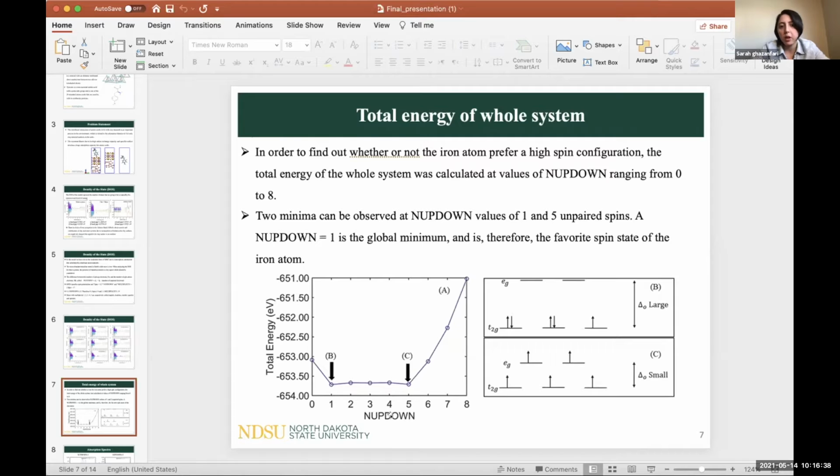This is the number of unpaired electrons. So the global minimum is when the number of unpaired electrons is equal to 1, and I think 5. Yes, 5 and 1 have about the same total energy, but for n up minus n down equal to 1, it's a little bit smaller in comparison with the 5.